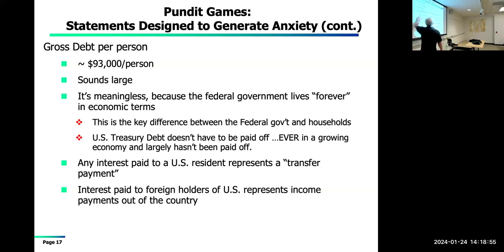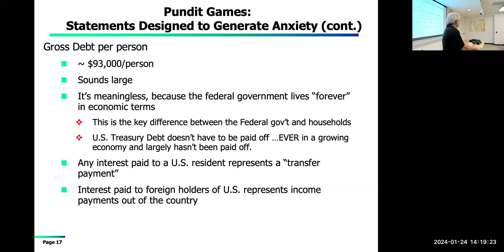This concept is a key difference in terms of understanding what debt means. It doesn't have to be paid off. It has never been, with the exception of when we had surpluses and debt was actually reduced. That is an example where, quote unquote, the debt went down a little bit. But in an ever-growing economy, it never needs to be reduced.